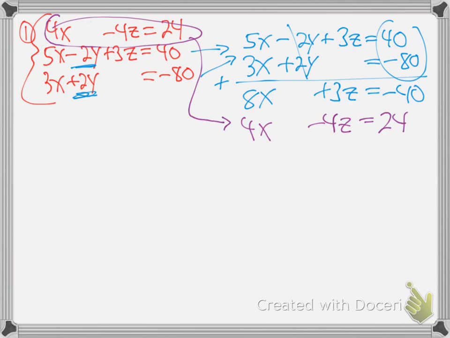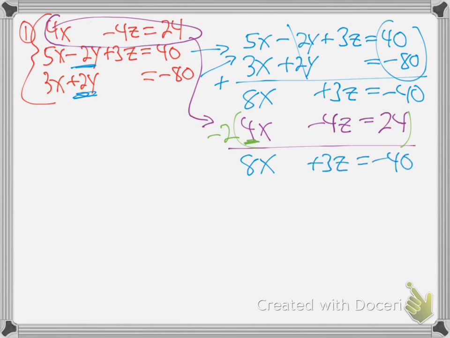Now, how am I going to solve these? Well, again, you got to get somebody to drop out. What can I do? I can multiply the bottom equation by negative 2, because negative 2 times 4 will make that negative 8x, and then the x's will cancel. So I have 8x plus 3z is minus 40.